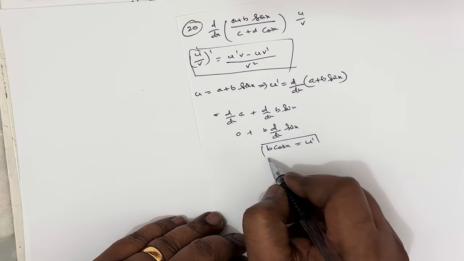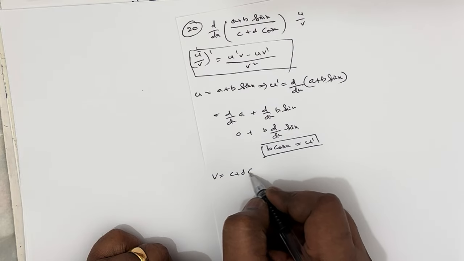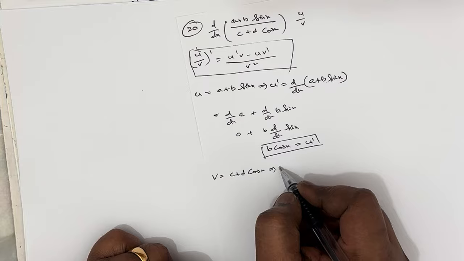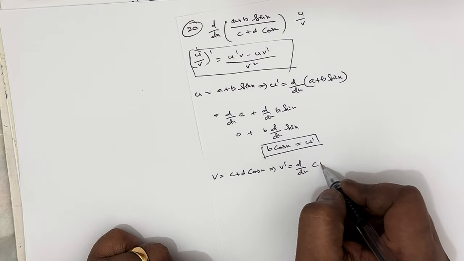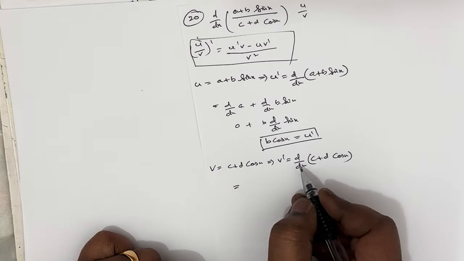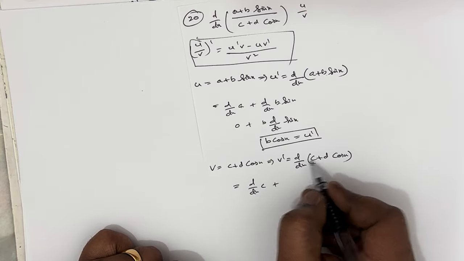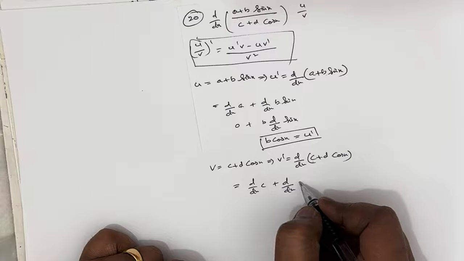Let's find v dash. So v is equal to c plus d cos x, which implies v dash is equal to the derivative of c plus d cos x. We can write this as the derivative of c plus the derivative of d cos x.